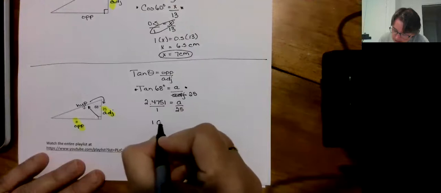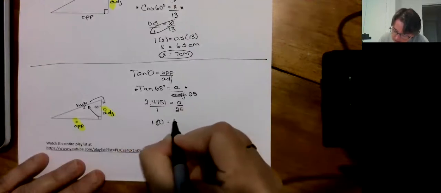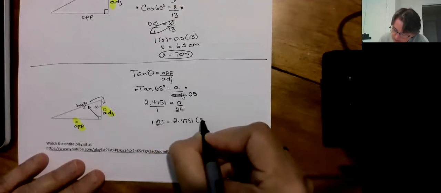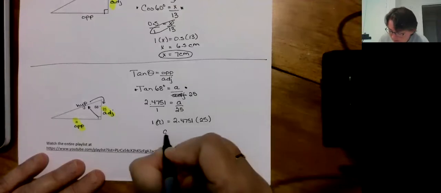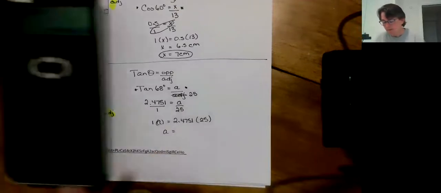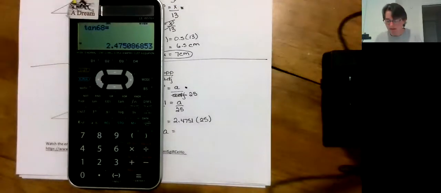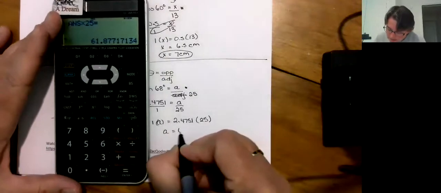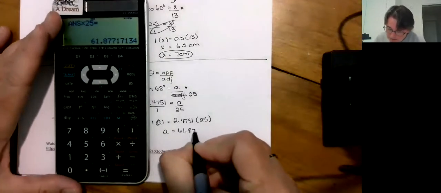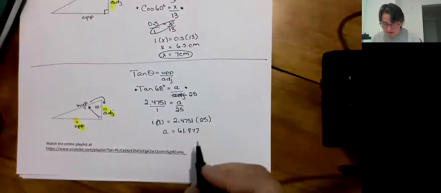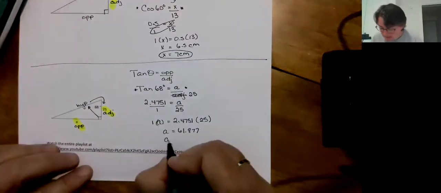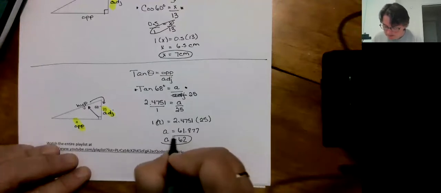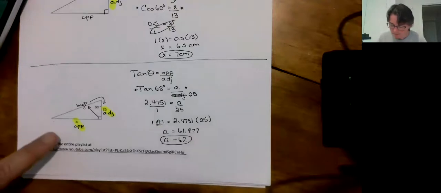So 1A is 2.4751 times 25. So A is going to be, and again, I'm lazy, I just left that on my calculator, times 25. 61.877, and these are whole numbers, so A is equal to 62 and no unit. So I guess we're pretty good right there.